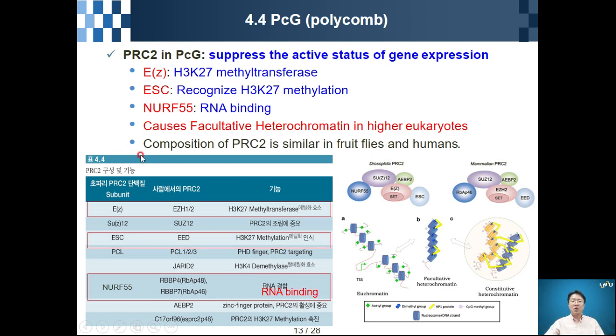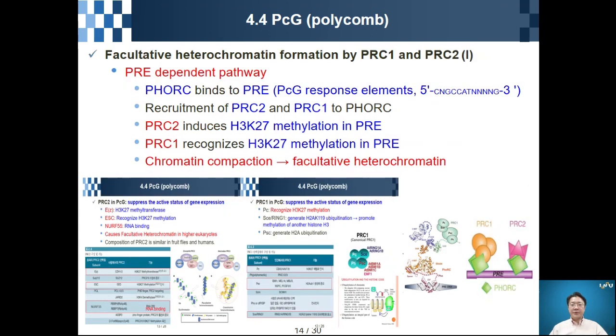The composition of PRC2 in Drosophila and also in human, the mammalian, is nearly similar. In this slide, I will explain the facultative heterochromatin formation by PRC1 and PRC2.